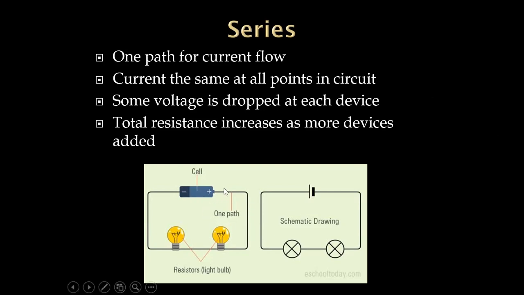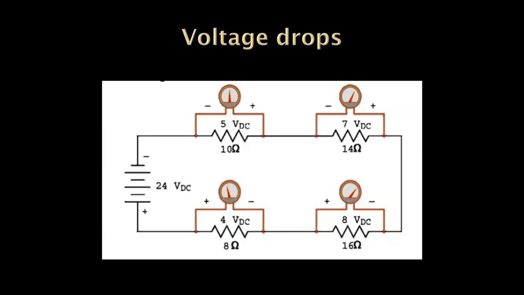So if I was trying to walk this path and I got to this resistive light bulb, that would have a certain amount of opposition. If I then had another one that I had to go through, that would increase the opposition. Okay, having to go through both is going to be twice as hard as only having to go through one. So my total resistance increases as I add more devices.